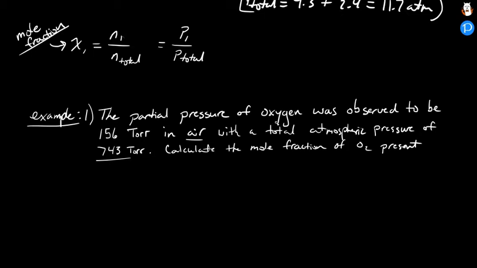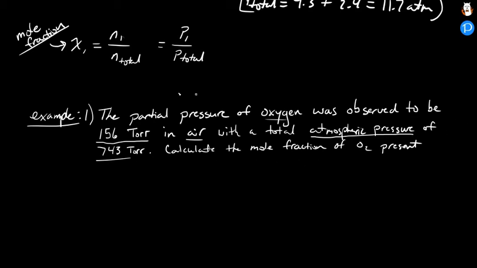There's things like nitrogen and CO2 gas. So it's saying that the partial pressure of just the oxygen in the air around you is 156 torr, and the total pressure, or the atmospheric pressure, everything together, is 743 torr.